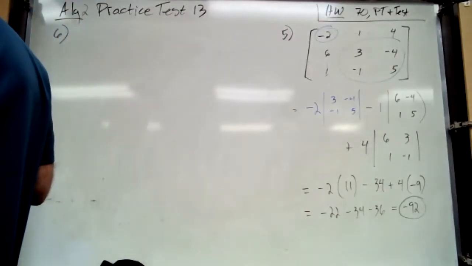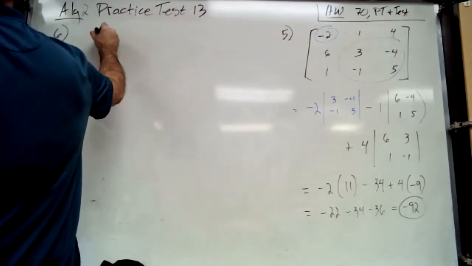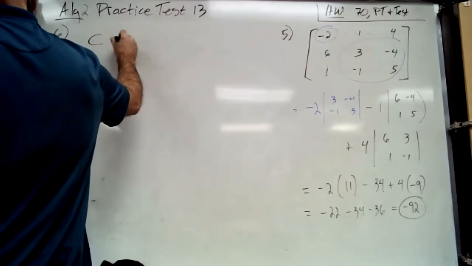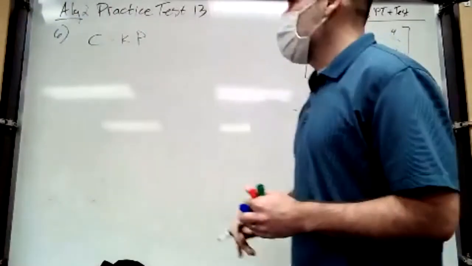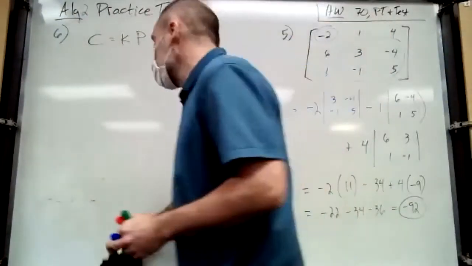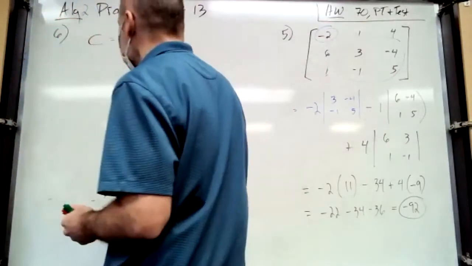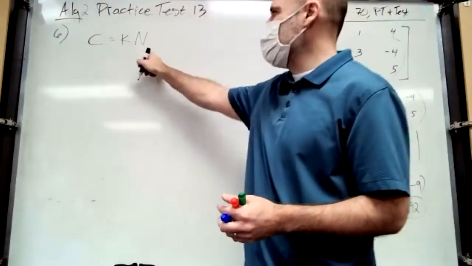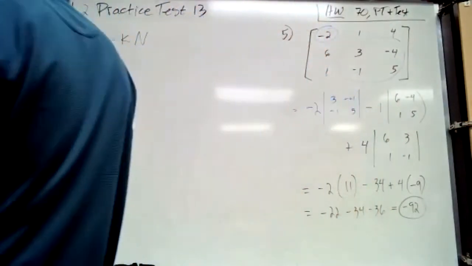Cost varies directly as the number purchased, if 8 items can be purchased. So basically cost varies directly as number purchased. They give that other equation, but you could say C, cost, varies directly. So just a straight multiplication problem with K times number purchased.